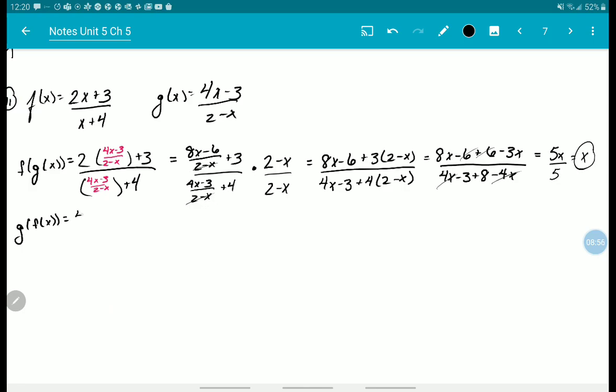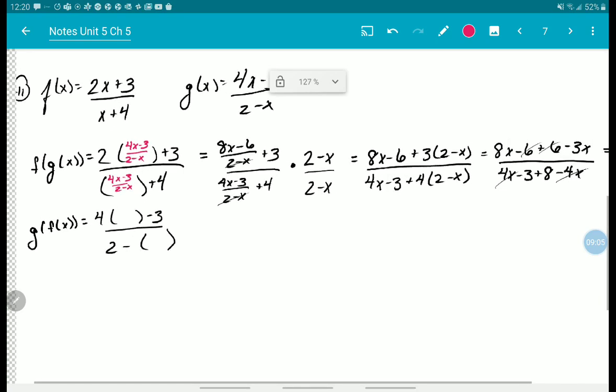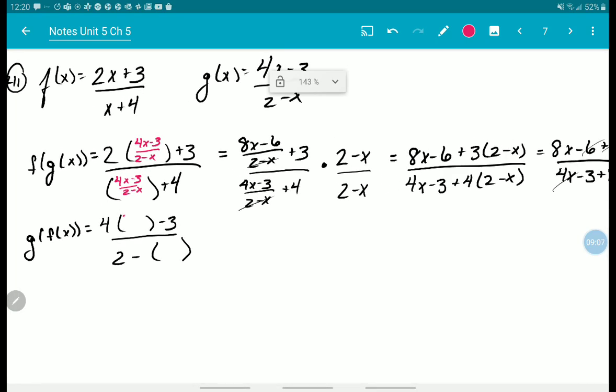So our g function is 4x minus 3 over 2 minus x. And we are going to substitute in 2x plus 3 over x plus 4.